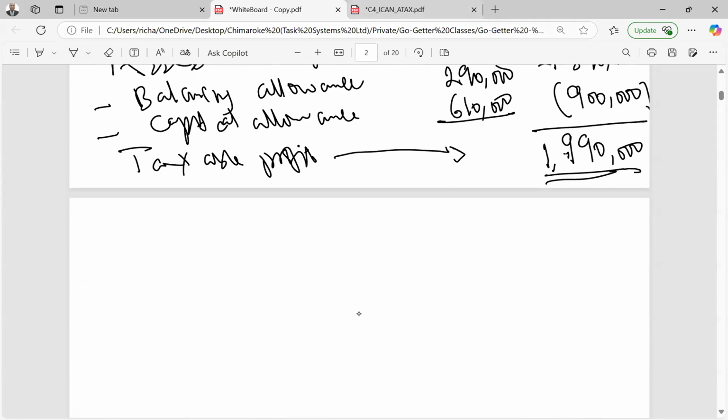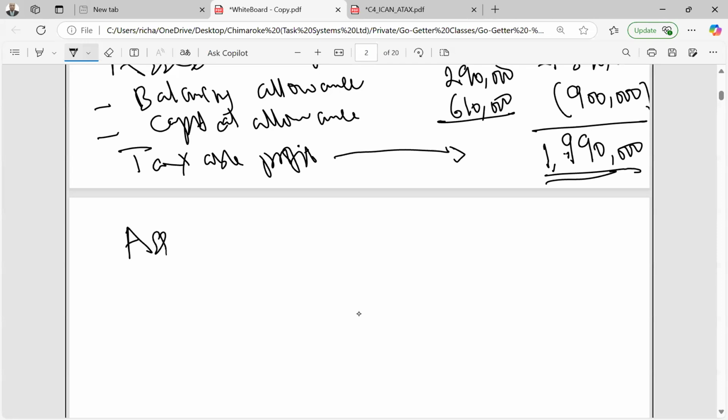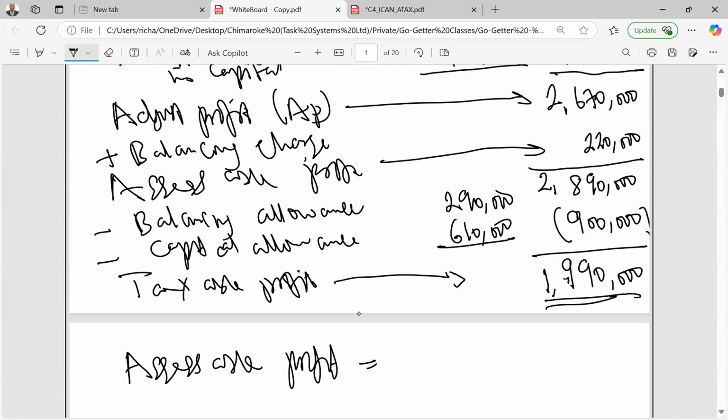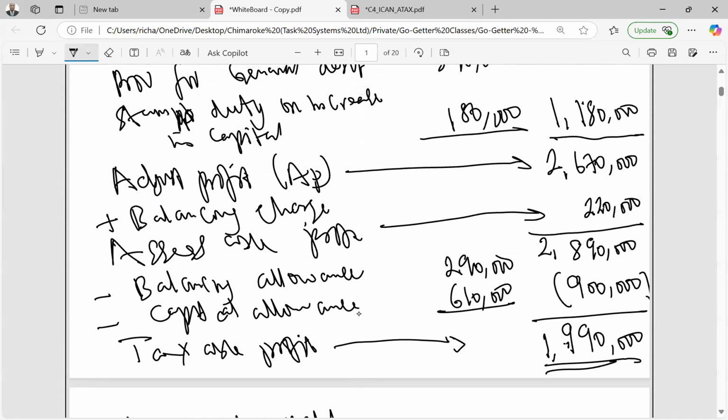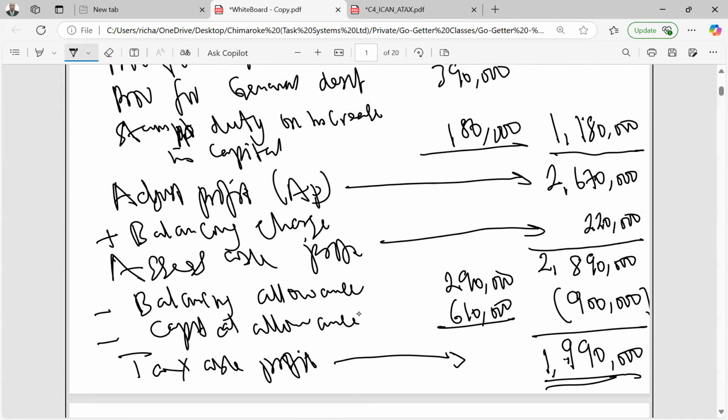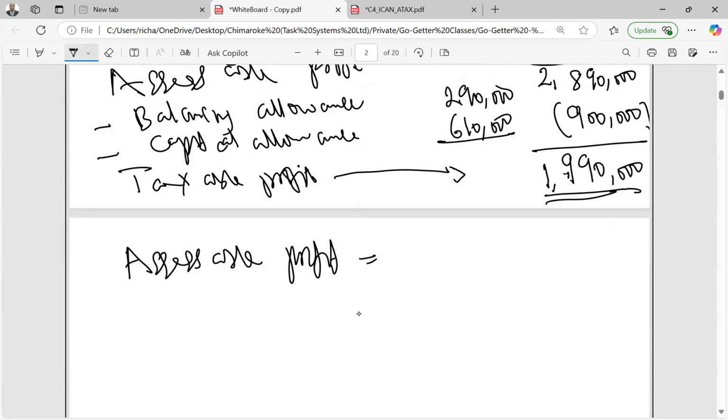So what should we do? We will say assessable profit, which is that adjusted profit that we calculated before. That's where our TET is based, on 2,670,000.